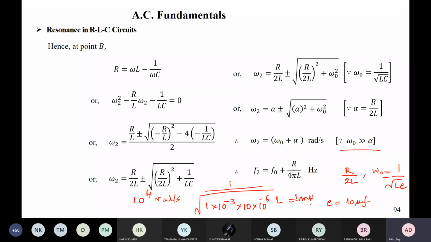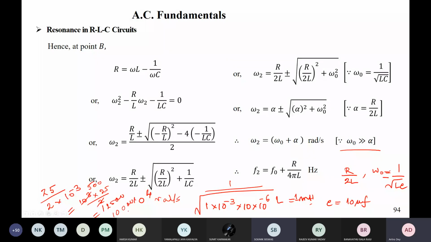And if you look here, if R is around, say, 25 ohm, and you divide by 2L, which is 1 millihenry, and this is the expression of alpha, so it is supposed to be 12500, and here you are getting how much?